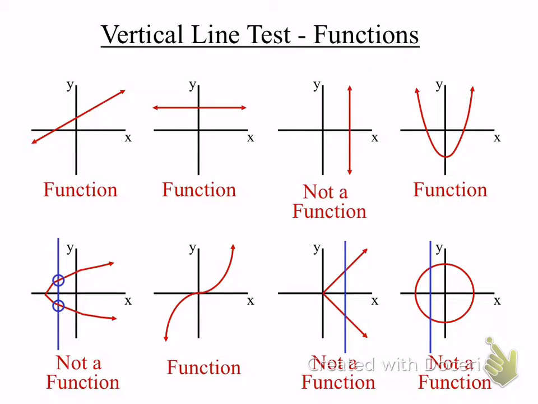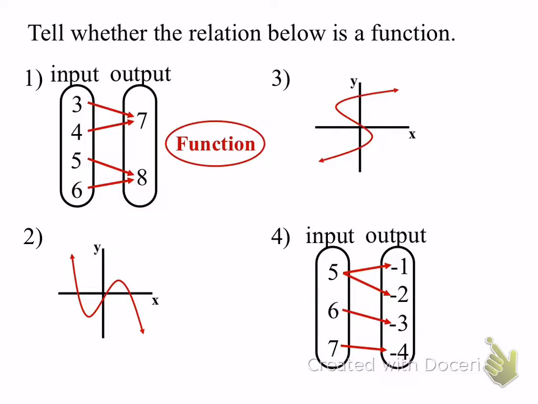Let's see what we got here. All right, is this a function? Number 1. Who said no? If you see 2 arrows coming out of your input, it is not. Okay? 2, is it a function? There's no vertical line in it.